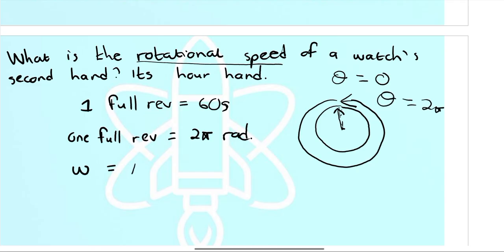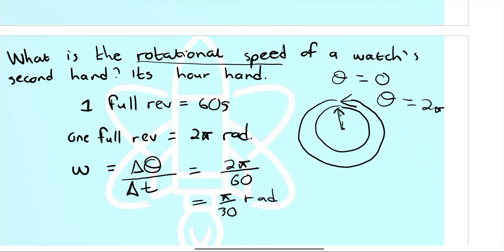So our change in rotational coordinate divided by our change in time is 2 pi divided by our time, which is 60 seconds. This is going to give us pi over 30 radians per second. You can just choose to write pi over 30 per second.